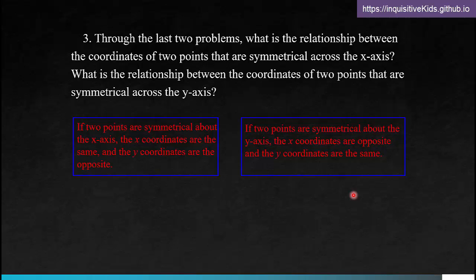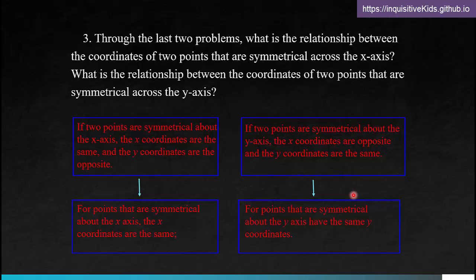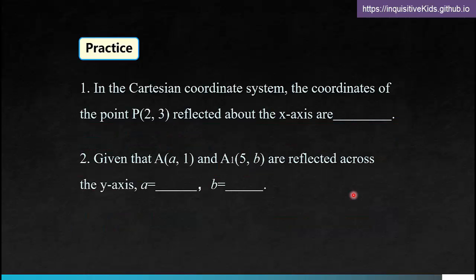And conversely, if 2 points are symmetrical about the y-axis, the x-coordinates are opposite, and the y-coordinates are the same.